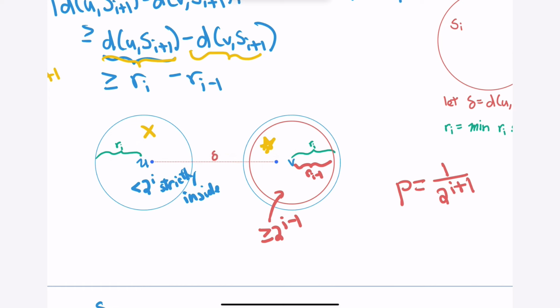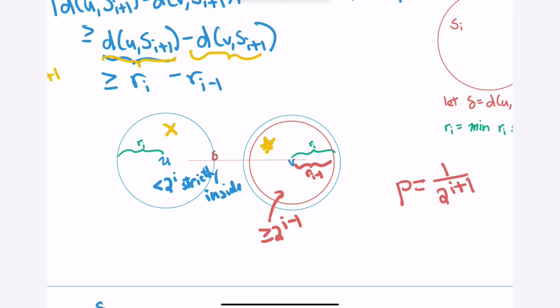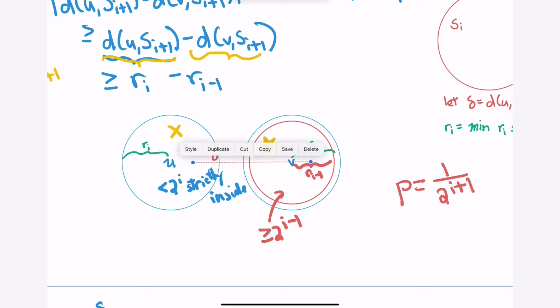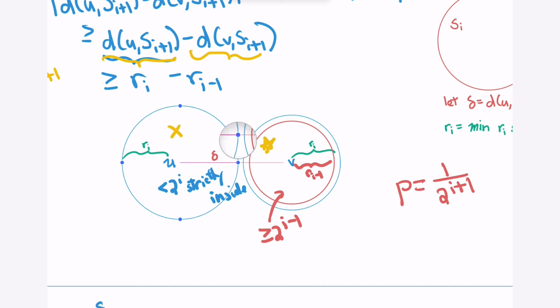This radius should really look like halfway through the line or something. Does that look like it's halfway? Maybe I should make this bigger. Something like this. Okay, so it can't quite go to Ri, but delta over 2, but then you'll get the same observations.